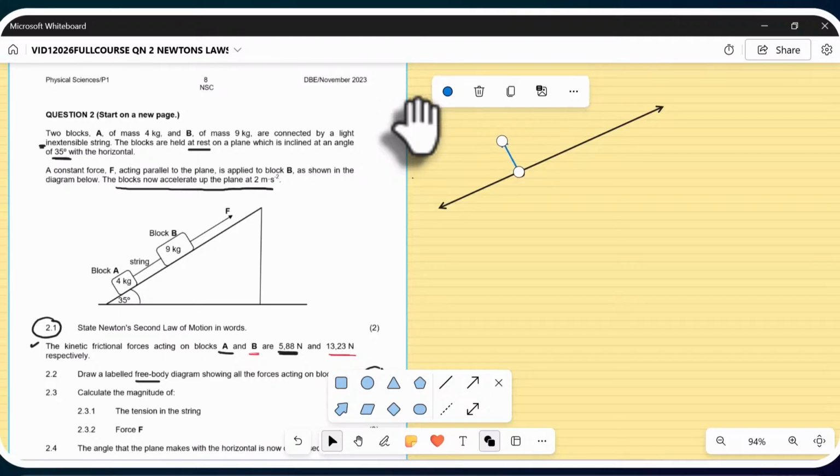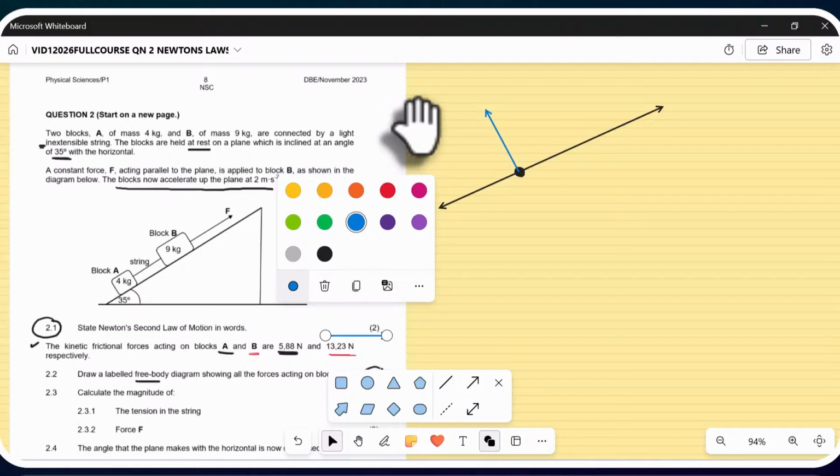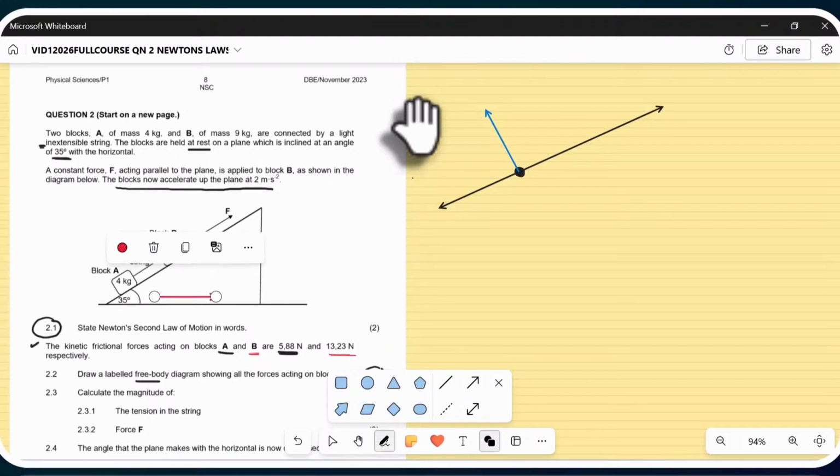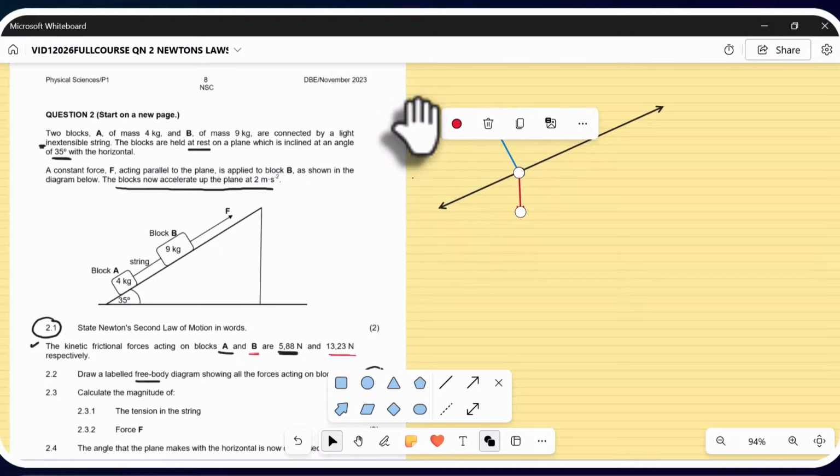And then we have another force which is acting vertically downward, that's the force of gravity. You see here on our block, the force of gravity is acting downwards. So we bring it here on our free body, vertically downwards. This is our gravitational force or weight, Fg. All right, that's what we have here.